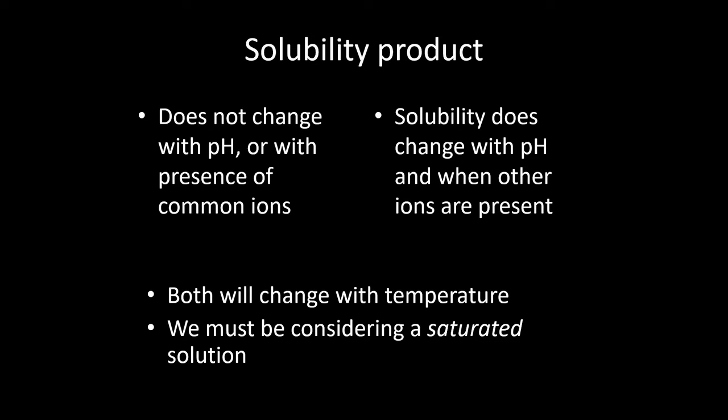If you put something in that has an ion in common with the molecule that is dissolving, then the solubility of that molecule will change, but the solubility product does not change, namely because the solubility product does not care where the ions come from. It only cares what the concentration of the ions in solution are.